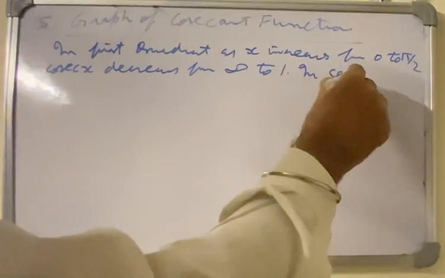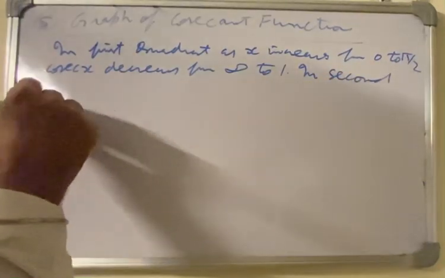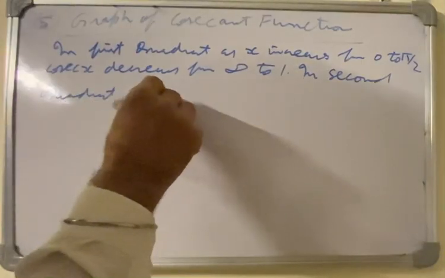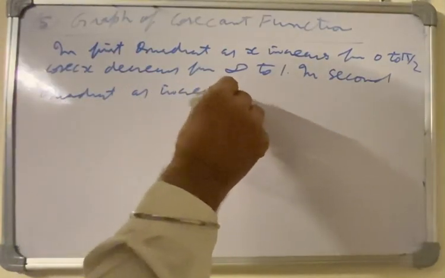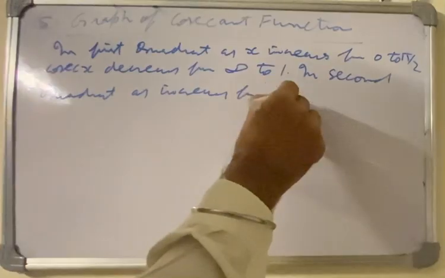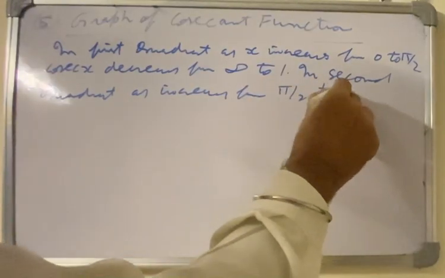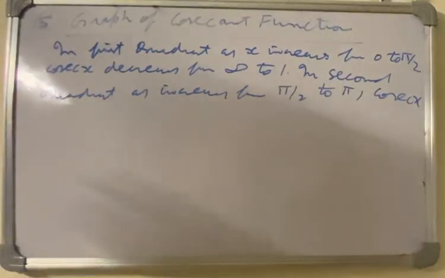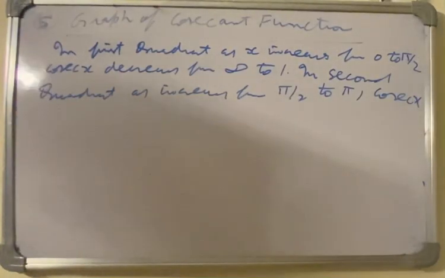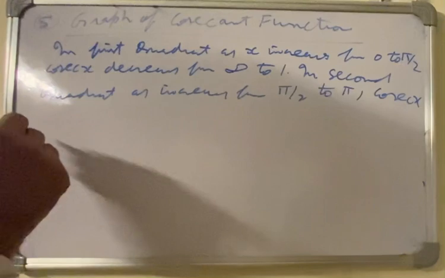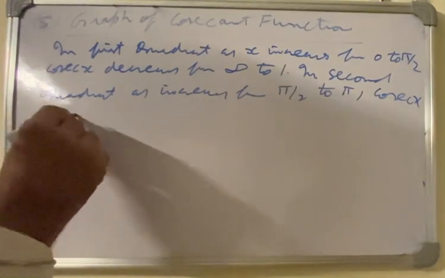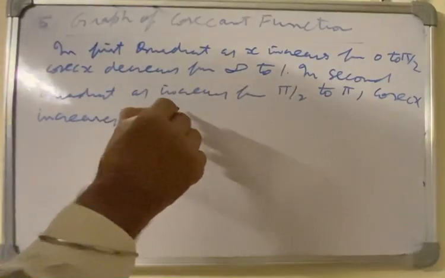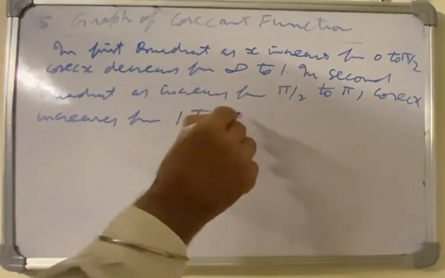In second quadrant, as x increases from pi by 2 to pi, then cosecant x increases from 1 to infinity.